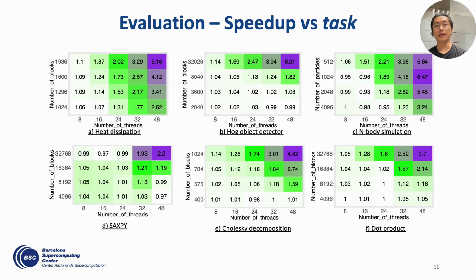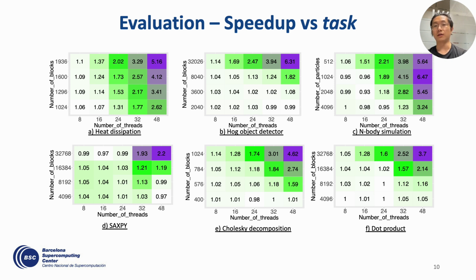Now let's look at the normalized speedup of the Taskgraph framework against the vanilla tasking model. In the heat maps shown here, the y-axis corresponds to the number of tasks and the x-axis is the number of threads. The numbers correspond to our expectations, because the Taskgraph framework manages to reduce thread contention. That means for a high number of threads, the performance gain is going to be larger.